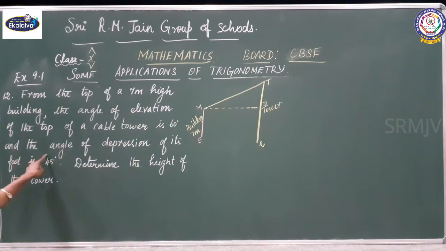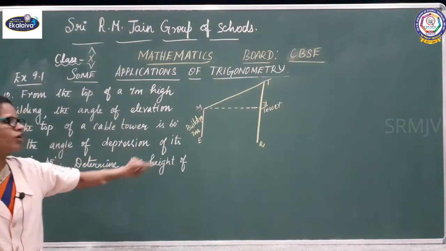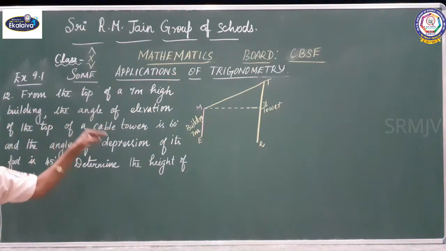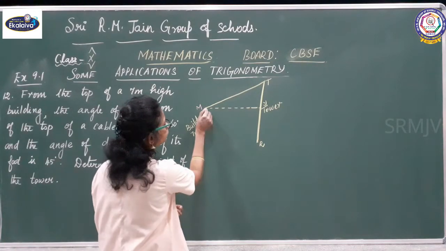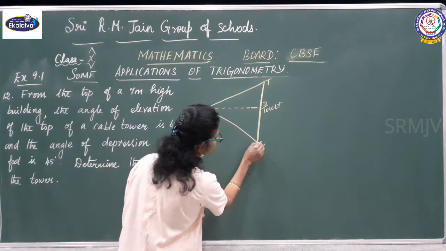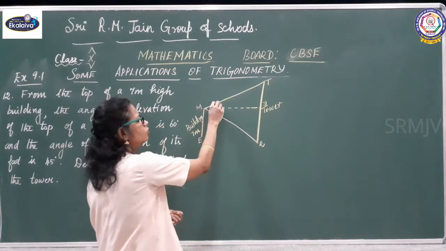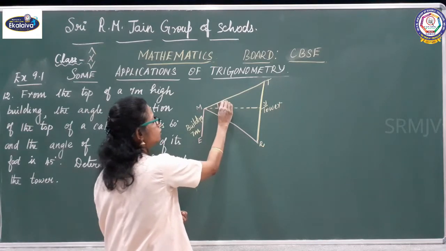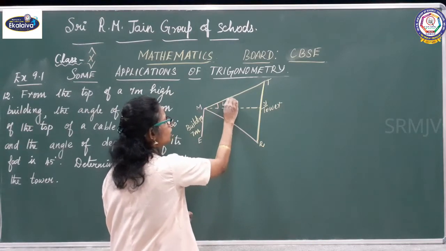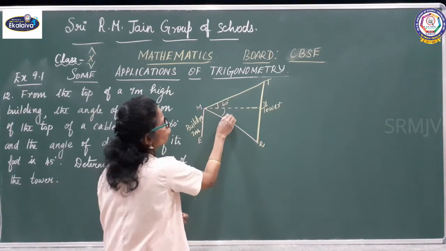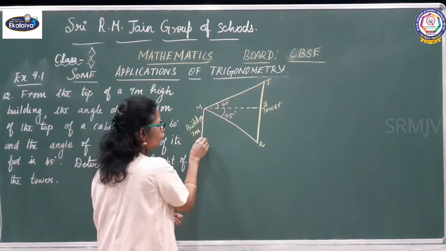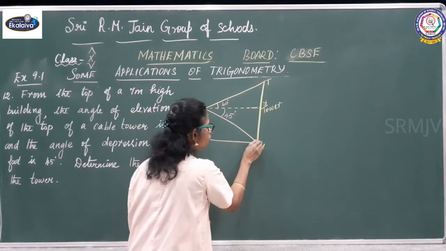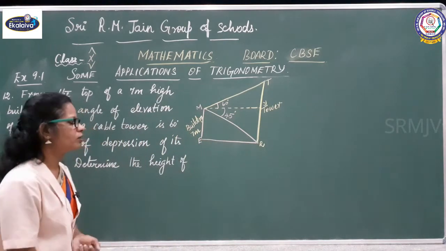And the angle of depression, depression means you are going to view the object downward, to the foot is 45 degree. This is 60 degree, this is 45 degree. Then you connect the foot of the building as well as the foot of the tower, right?